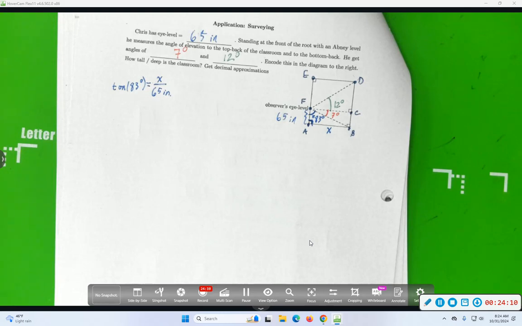And I think I actually want decimal approximations, because this is all very applied. So make sure your calculator is in degree mode, because this trig function is expecting an angle in degrees. Tell me what that side length x is.